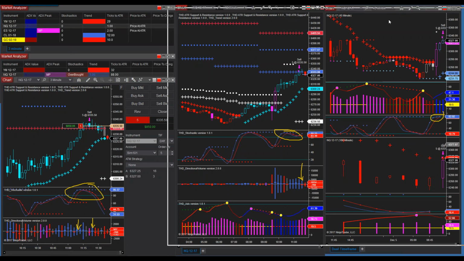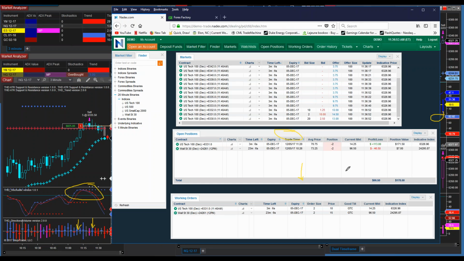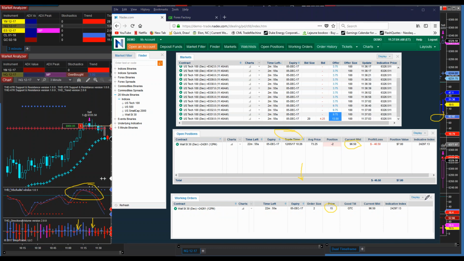Very close to the 20-minute binary profit target being filled. The profit target is at 10. You're currently at 11.75. And it's filled.